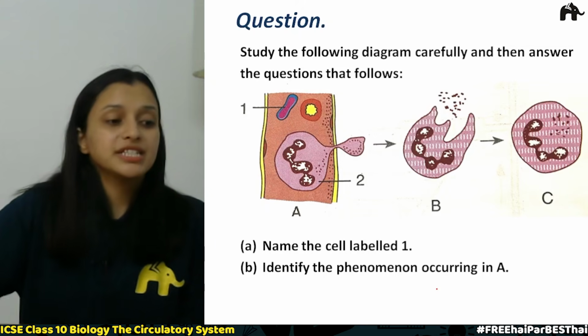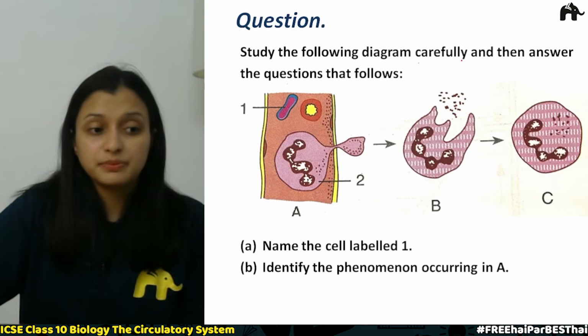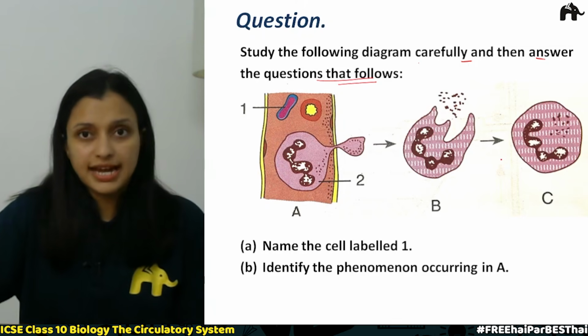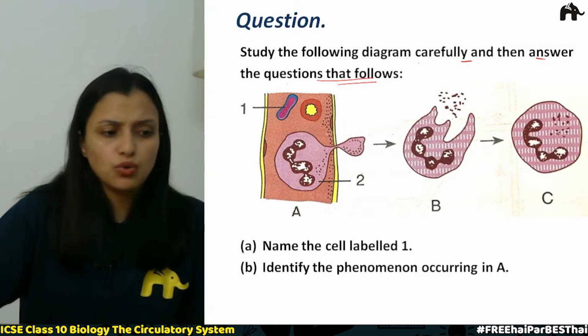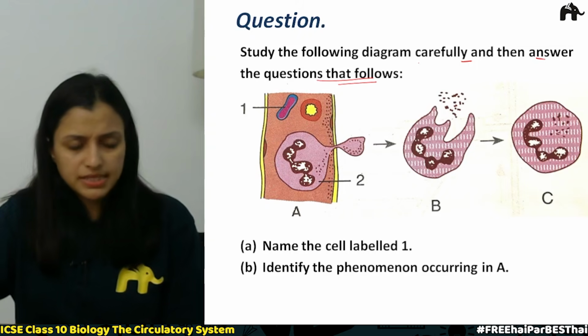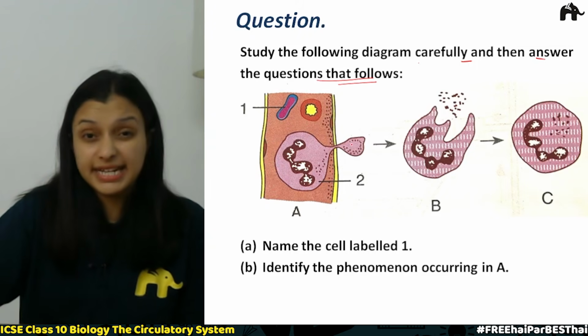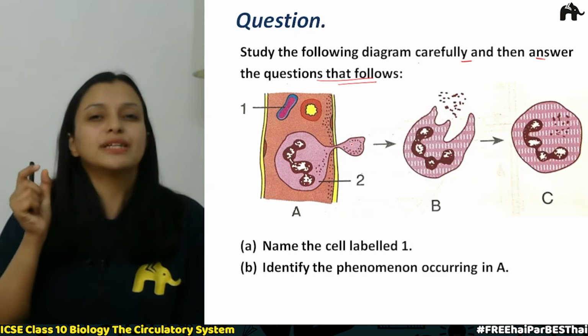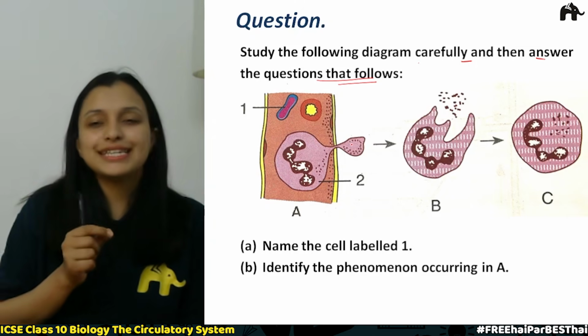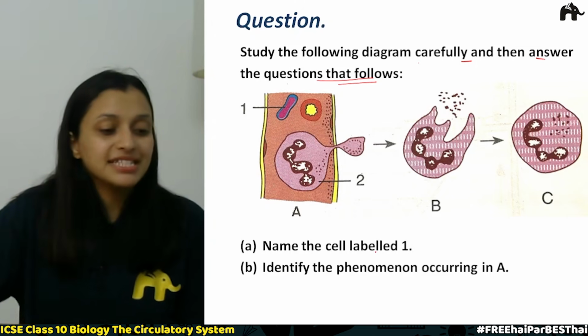Now the next question is study the following diagram carefully and then answer the questions that follow. The first diagram shows a blood vessel where there are lots of cells, and one cell is getting squeezed out of that blood vessel. Let us see what the questions are. Name the cell labeled 1.